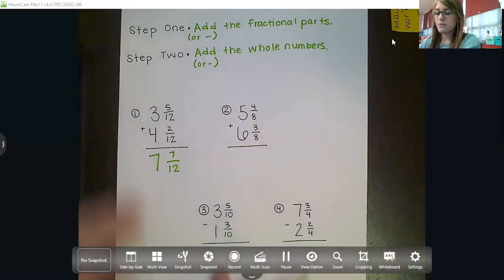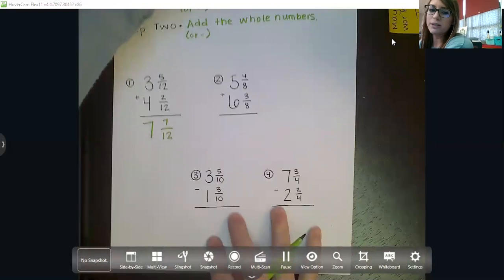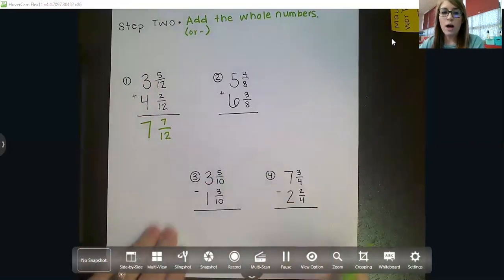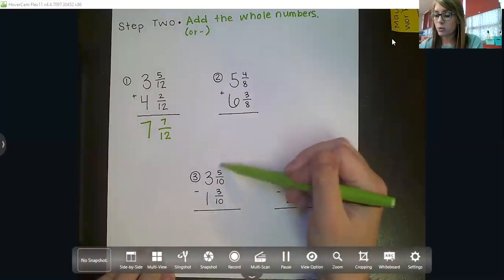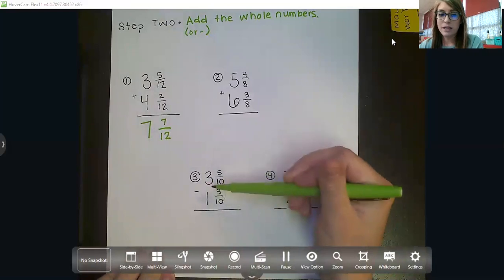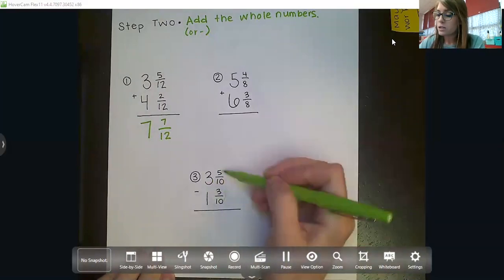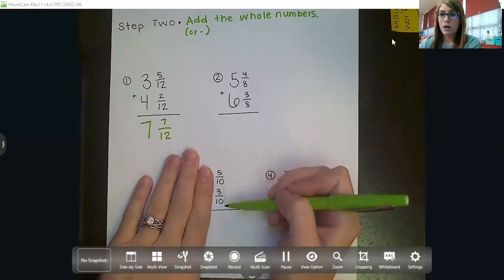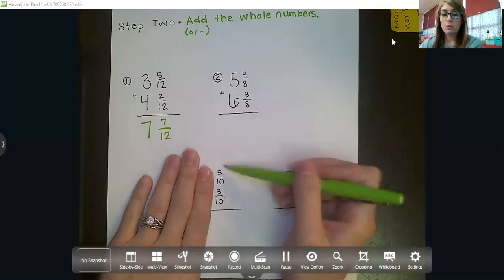All righty. Let's jump down here and let's do a subtraction. We've got 3 and 5/10 minus 1 and 3/10. Step 1, always the same. We're going to make sure we add or subtract these fractional pieces first. So we've got 5/10 minus 3/10. Remember, we're only dealing with the numerators.